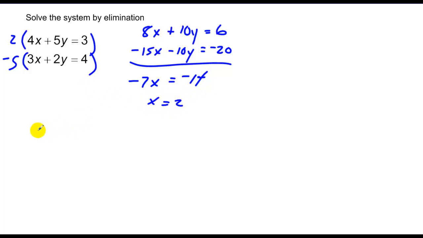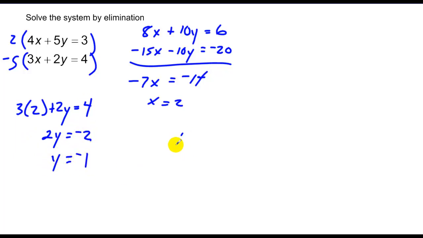Plug back in, I have 3 times 2 plus 2y is equal to 4. 2y equals negative 2, and y equals negative 1. Therefore, my solution is 2 and negative 1.